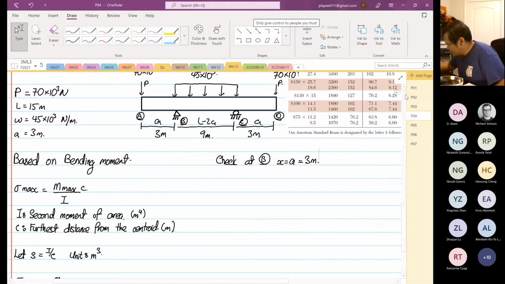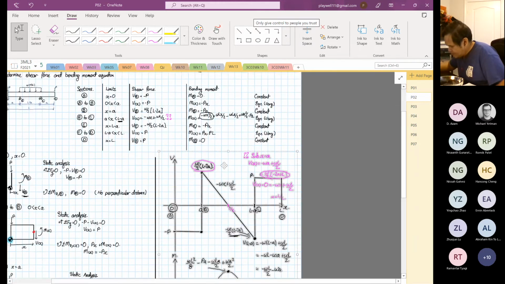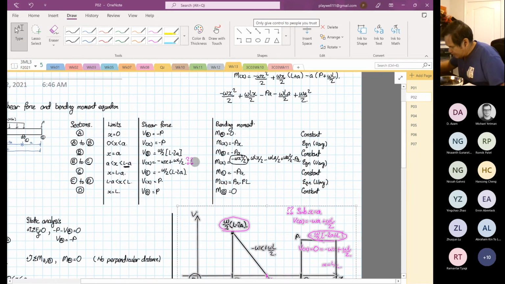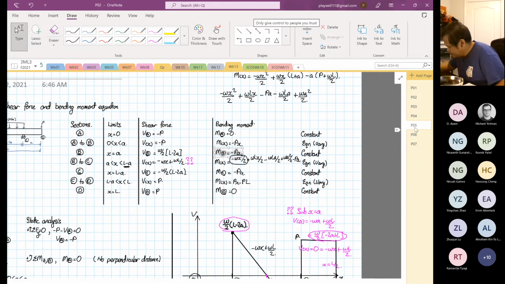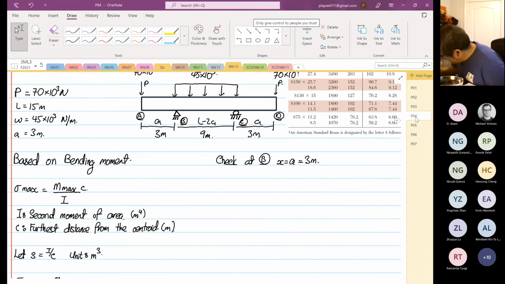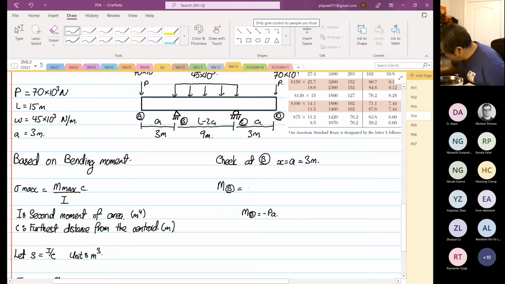If we go back to our table, we check the moment at point B. Moment at point B is equal to minus Pa. Minus Pa is 70 times 10 to the power 3, and then a is 3.